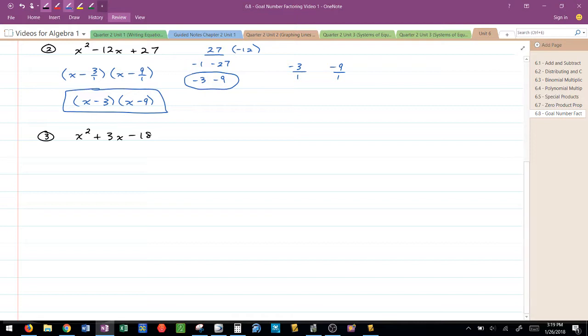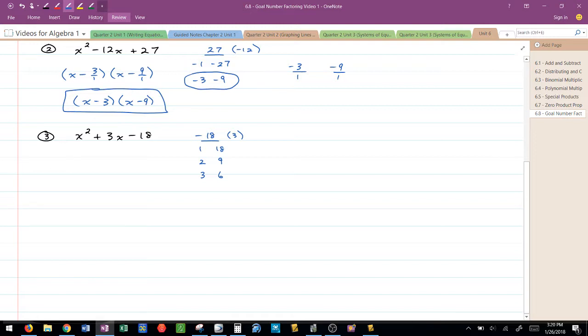Okay, goal number here would be negative 18. Middle term is b, or 3. Factors of 18: 1 and 18, 2 and 9, 3 and 6. I need these two numbers to add to give me positive 3 and multiply to give me negative 18.